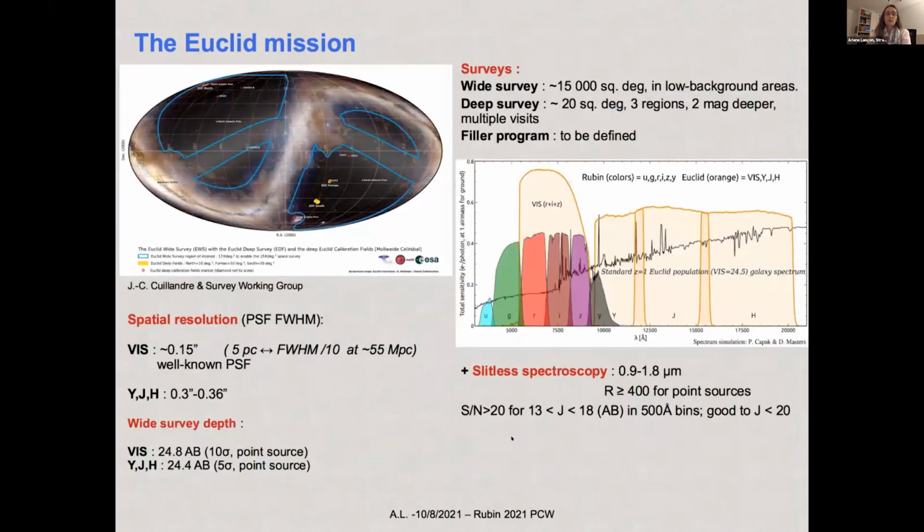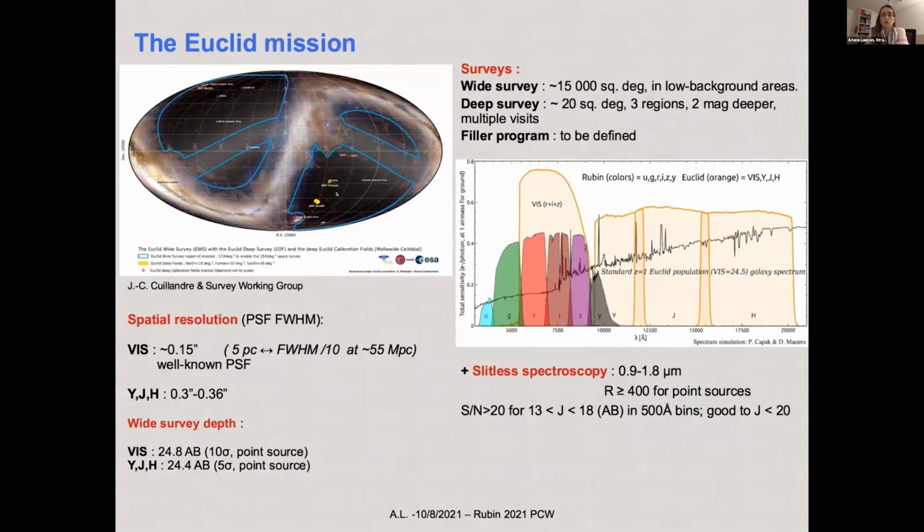So based on the constraints set on the previous slides, the survey mission was designed like this. The main survey is a wide survey over about 15,000 square degrees of sky that are within these blue areas, which are areas of low background noise coming from the Milky Way or the ecliptic. So the favorite areas are these two patches, and this patch here in the south is the one that's going to overlap with LSST.